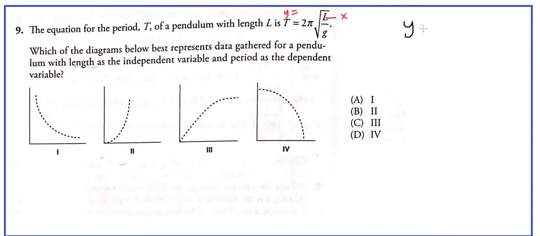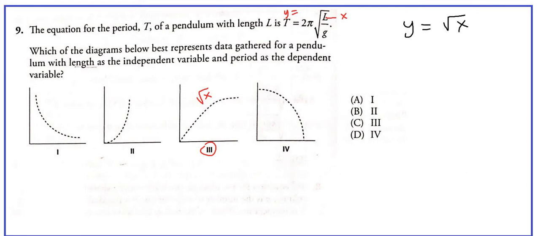So it is like y equals the square root of x, and the square root of x looks like this. You need to know how the square root of x behaves in the function.